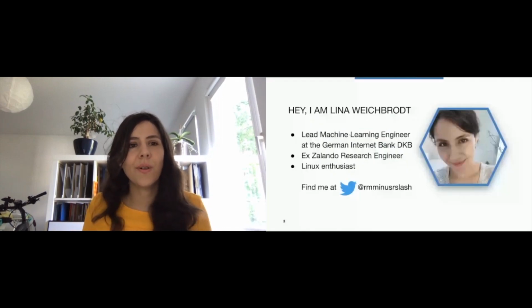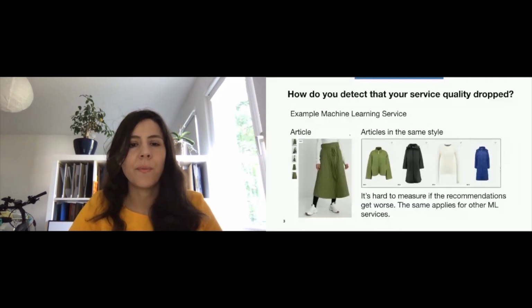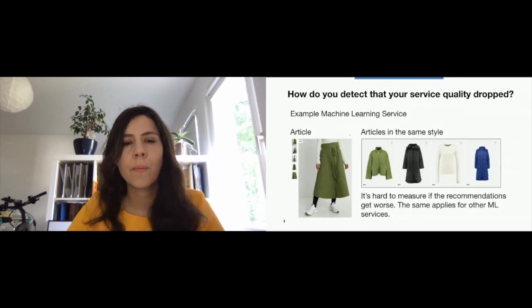Okay, so let me introduce the problem I'm trying to solve. The issue in monitoring is that it can be very hard with a machine learning stack to detect if your service quality dropped. For example, take a recommendation service that gives you articles in the same style.